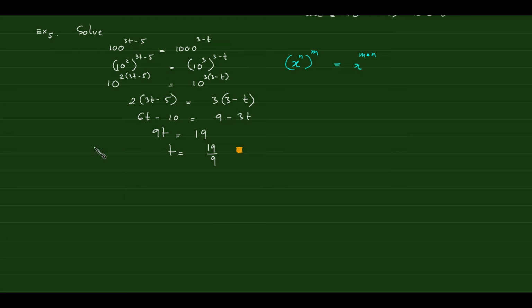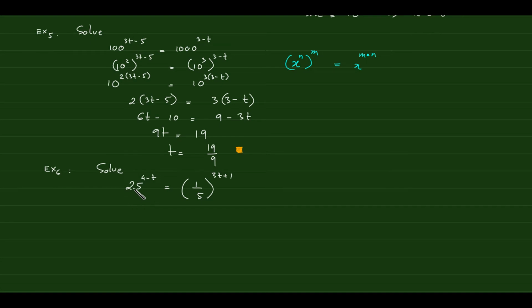How about this one? Example 6. I have 25 raised to 4 minus t, and it is equal to 1 over 5. Sorry, 1 over 5 raised to 3t plus 1.